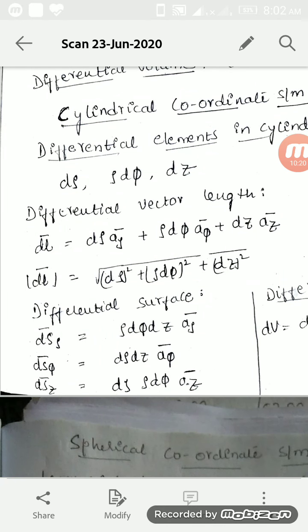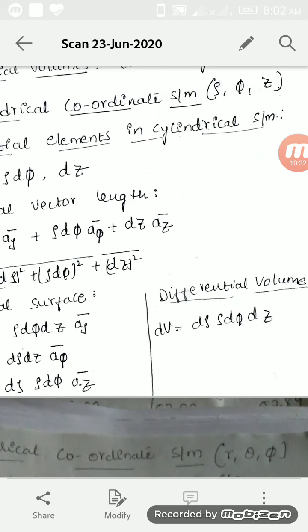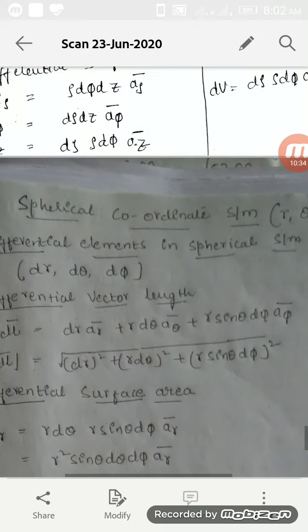Differential surface is the same: d rho in the rho direction, next dS rho, dS phi and dS z. That is the differential surface, and the differential volume is given. This is for the cylindrical coordinate system.